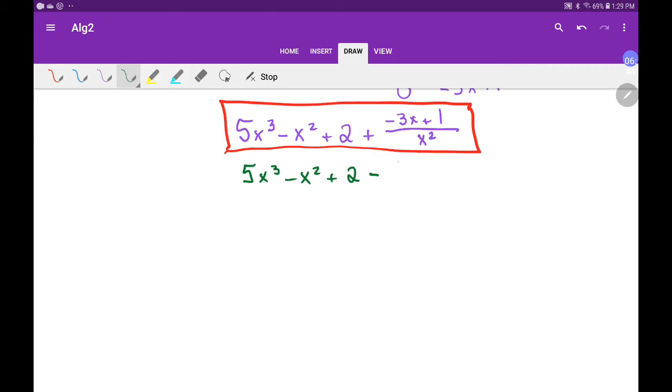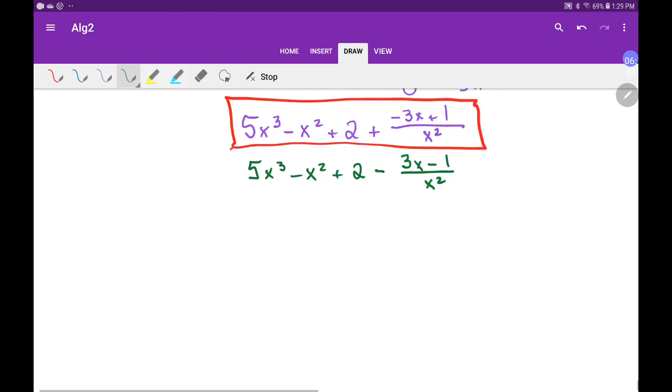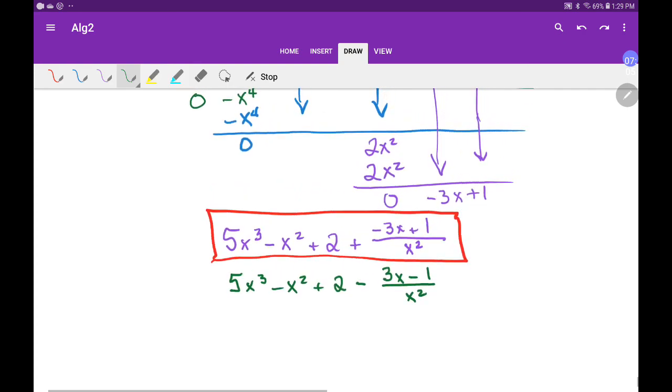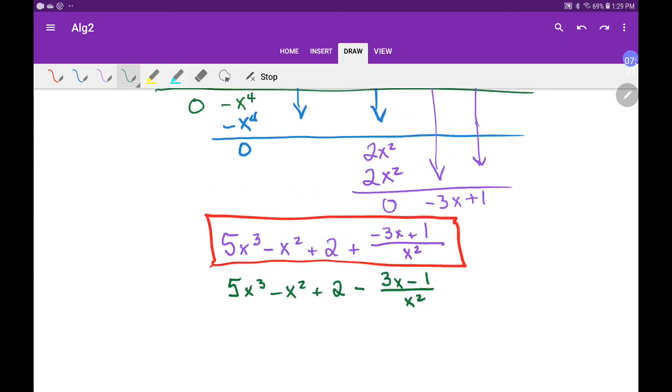And we'll say minus, and then we can say 3x minus 1 over x squared. If you like that better, we put a minus sign out in front to take care of that first thing on the fraction. We really don't much care for this first thing in a fraction being negative. I don't know. It depends on how you want to do it. But you can see that it changes both signs on the top of the fraction. Either way is fine.